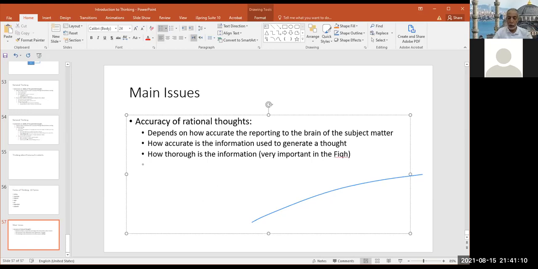And there is one more thing. One more thing is the bias in the process of correlation.